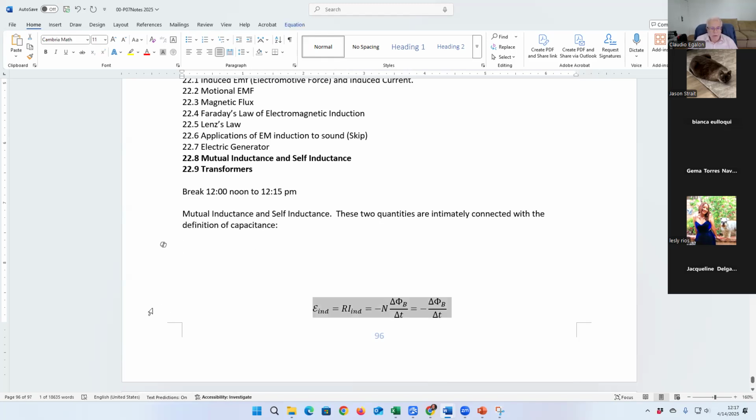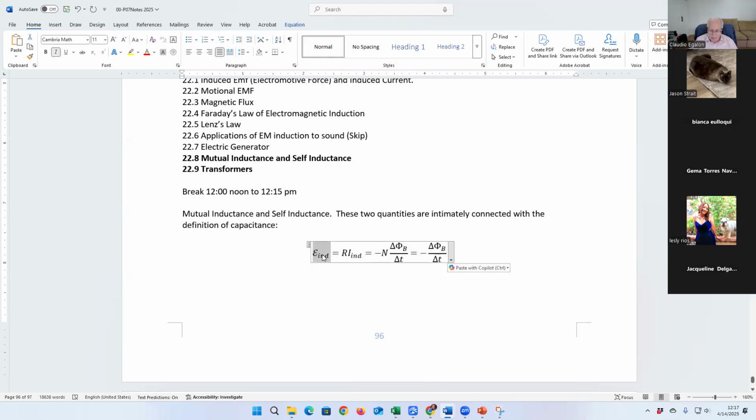Recall that the definition of capacitance is what? Capacitance is Q divided by delta V, right?